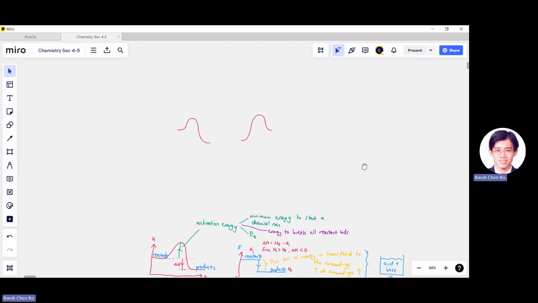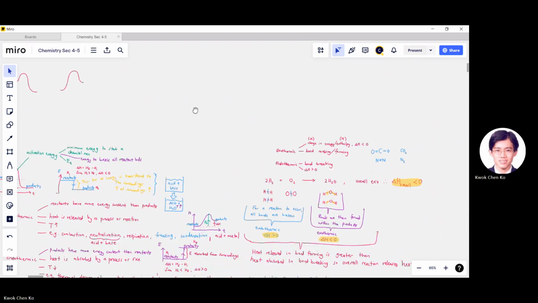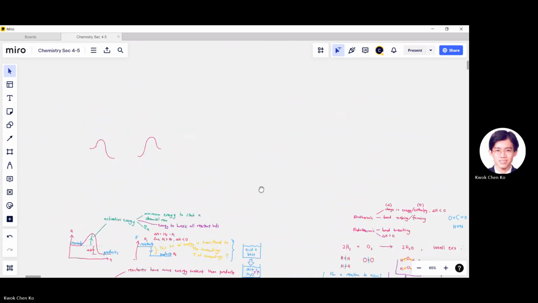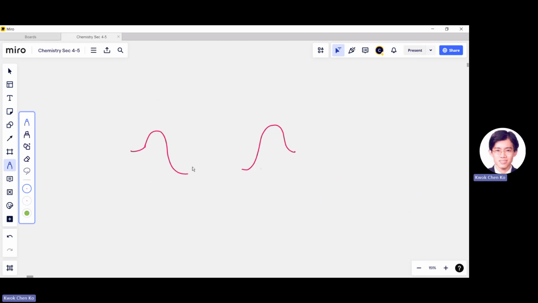Now, let me see. Mingting, what is meant by activation energy? Okay, good. Now, if I look at these two curves, what is delta H?